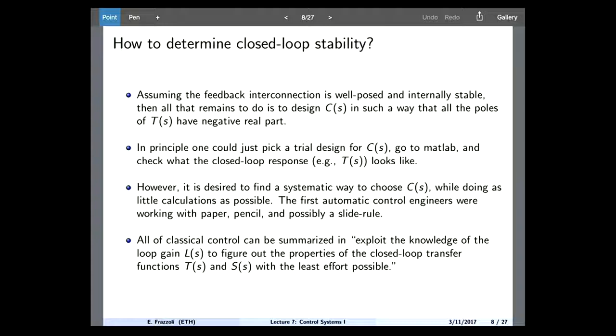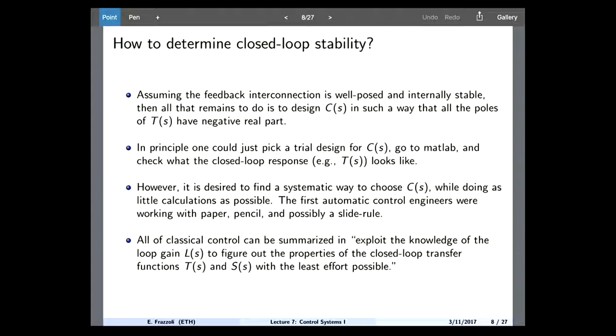So what we do in this class, and that essentially is the whole point of classical control systems, which is what we cover in this class, is to learn as much as we can about the closed loop behavior, just knowing the open loop behavior and doing as little calculation as possible.